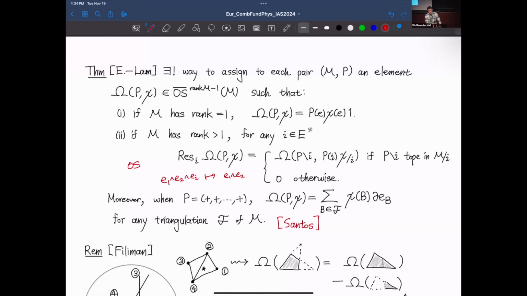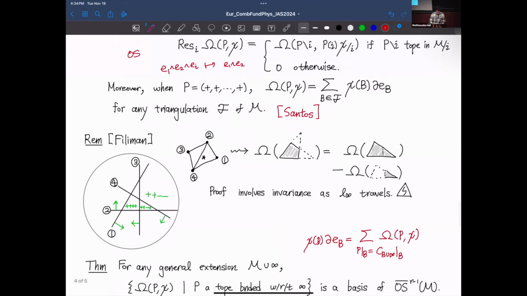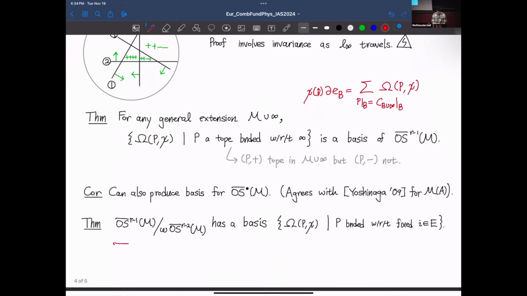I'm wondering if this basis is somehow dual to the basis of canonical forms. I think that relates to duality, which I'm not 100% sure of the statement. I think you're referring to this, but I don't know if I got the dual or not. Sure. Yeah.